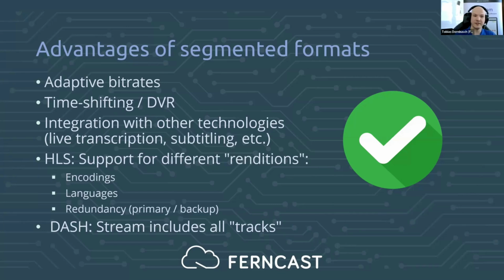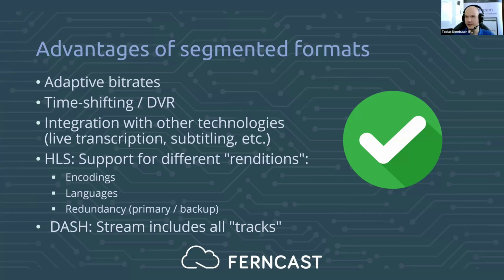We're talking specifically about things like live transcription and subtitling, which oftentimes, especially now, also use these segmented formats to do things like the timing and so on. And sort of connected to this, both HLS and Dash have ways to handle different variants of a stream.